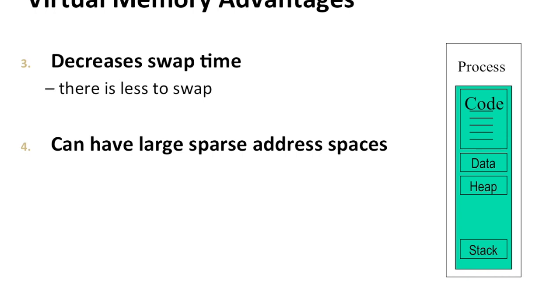We can also have very large sparse address spaces. So in our case, we allocate large stacks and heaps, but we rarely use them all. We might have very, very large data. Say we might want to be able to handle 100,000 items, yet we're only using 100 items in the nominal case. This does not hurt us because we don't have to load all 100,000 items into memory.